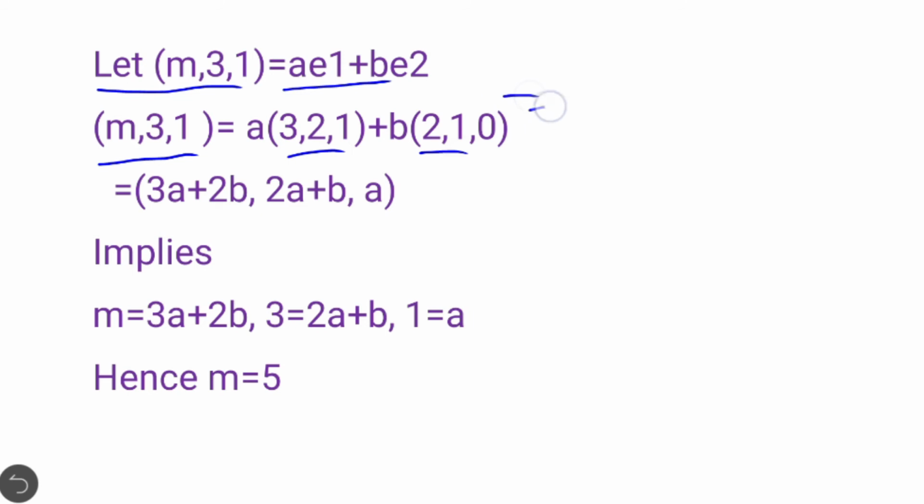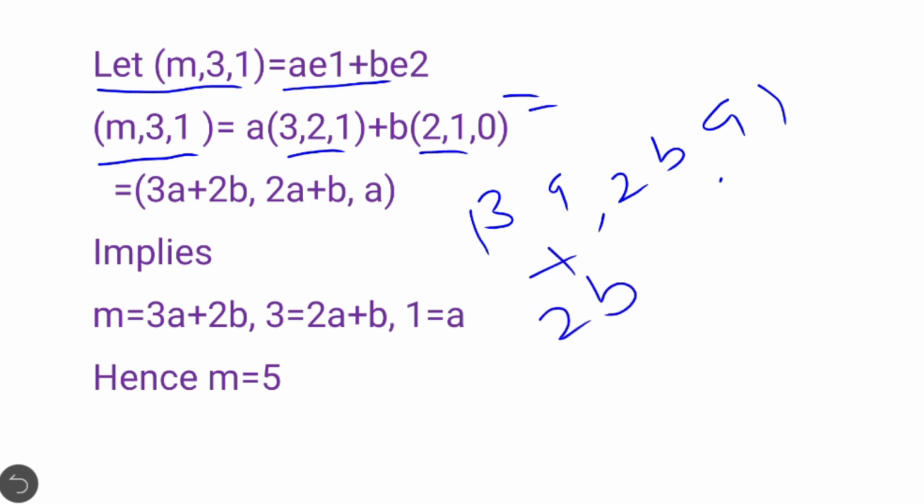Then this will become (3A, 2A, A) plus (2B, B, 0), and when we further solve it, it can be written as (3A plus 2B, 2A plus B, A).